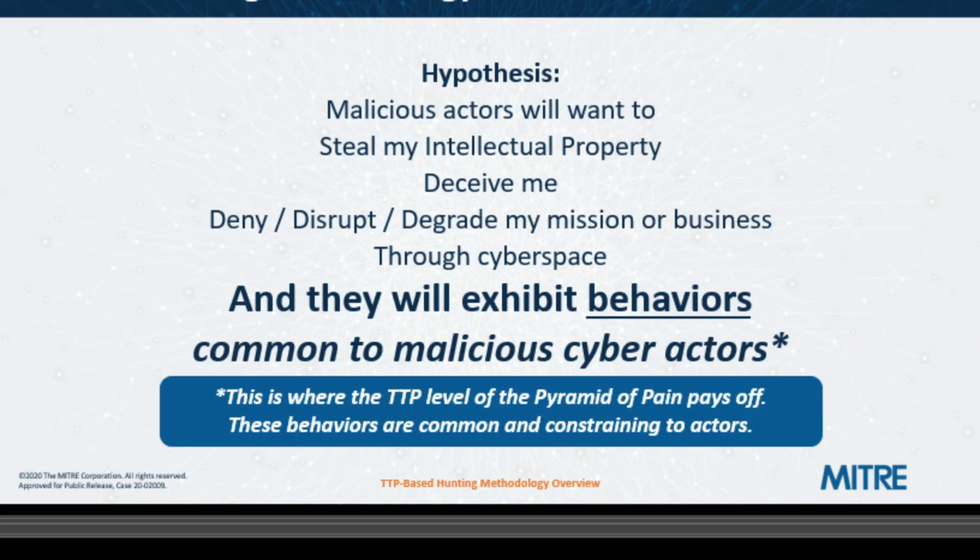They're not necessarily going to have the same hash values, IP addresses, or domain names. They might not even create the same artifacts on your systems. They might not use the same tools. But what evidence has shown is that there are only a small number of behaviors at the TTP level that an actor can exhibit. And so we can use that to our advantage and focus on those in our hunt.